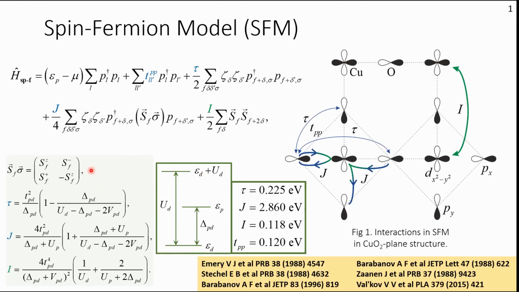The transition to the effective Spin-Fermion model from the pd model is accompanied by the transformation, by the hybridization effects, into the effective interactions shown in figure 1 in the structure of copper-oxygen planes.